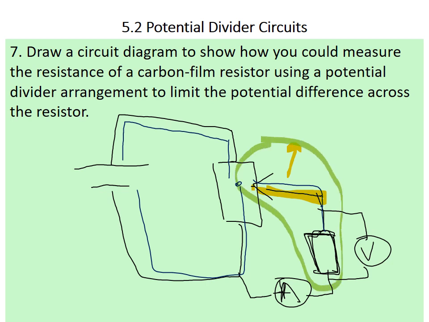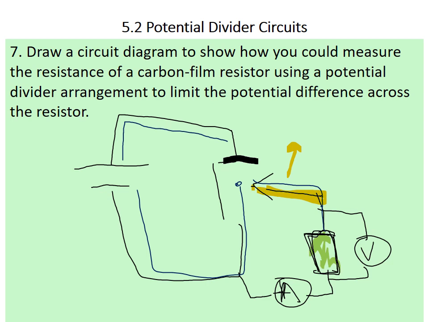So the total resistance decreases, so the voltage dropped across here increases. So more voltage is dropped as I reduce this length here. When I slide this yellow arrow down, it increases the voltage.